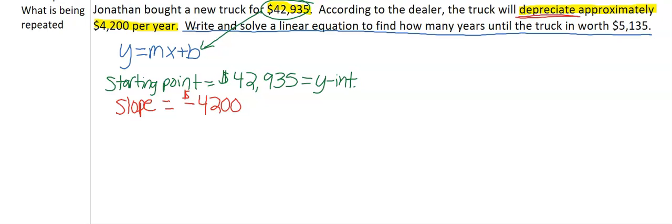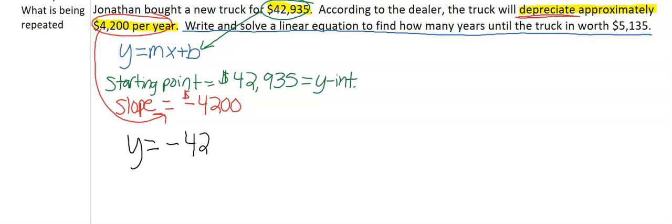Now it is minus because it says it depreciates, which means it loses its value. So we are subtracting that for each year. So when I write it in slope-intercept form, we'd have y is equal to negative 4,200x plus 42,935.